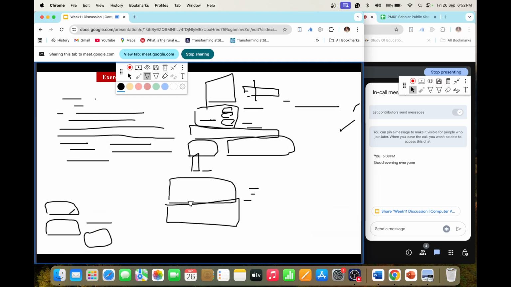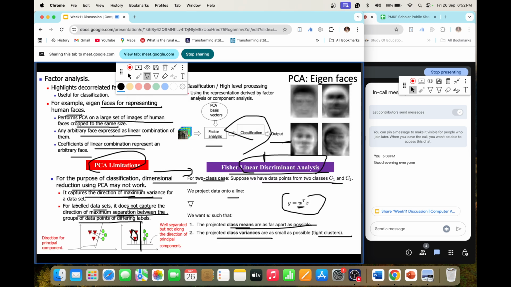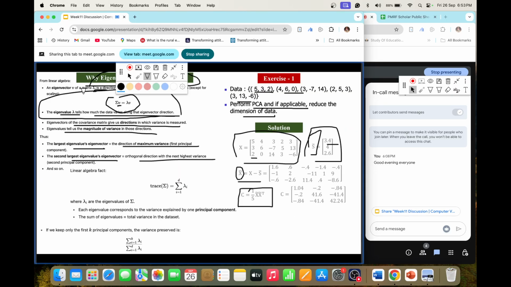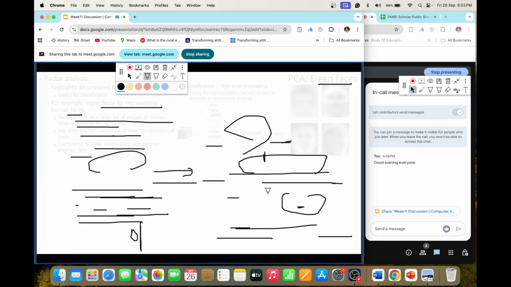It is very easy. I have already told you how to find the covariance matrix. This is the formula to find the covariance matrix. There you have 6 data points, so 1 by 6 times x bar transpose, where x bar is nothing but the centered data.